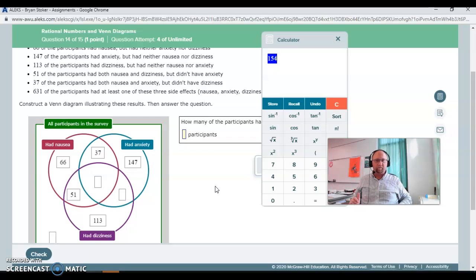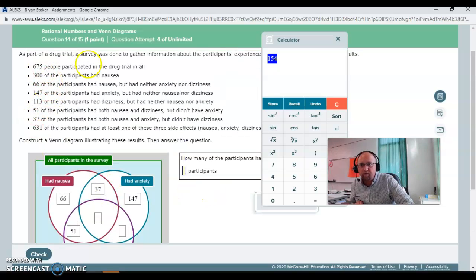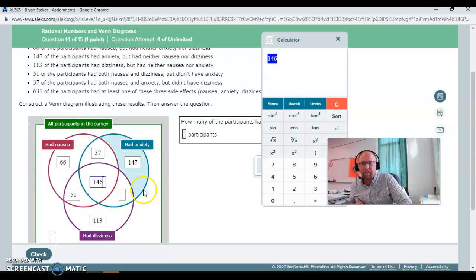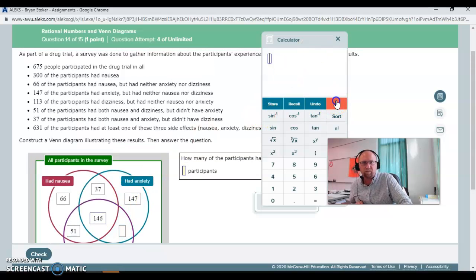That gives me 154. But I know that 300 of the participants had nausea. So to find the missing amount, I take 300 minus 154, and that gives me 146.